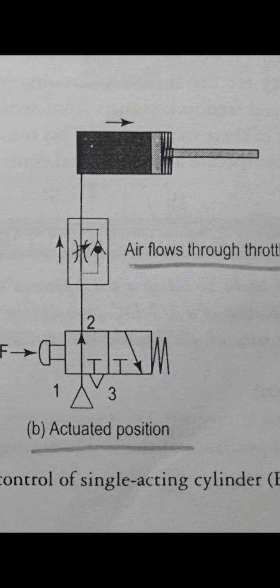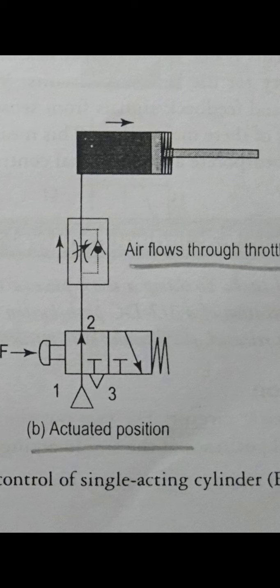It is not exactly a throttle valve, it is a throttle control valve. So it moves in a forward direction, and thus it gives thrust with a specified or measured quantity of air to the piston.